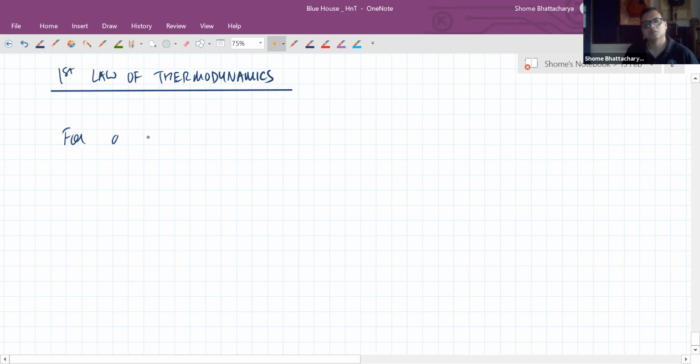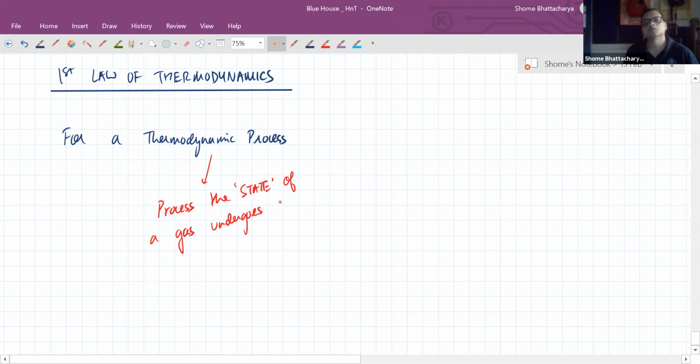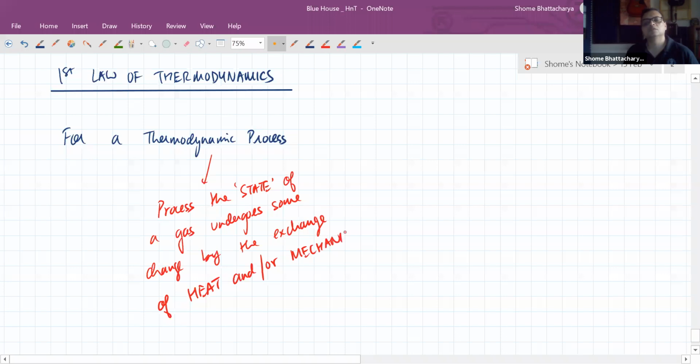So for a thermodynamic process, this is any process where the state of a gas undergoes some change by the exchange of heat, okay, and or mechanical work with it. Okay.